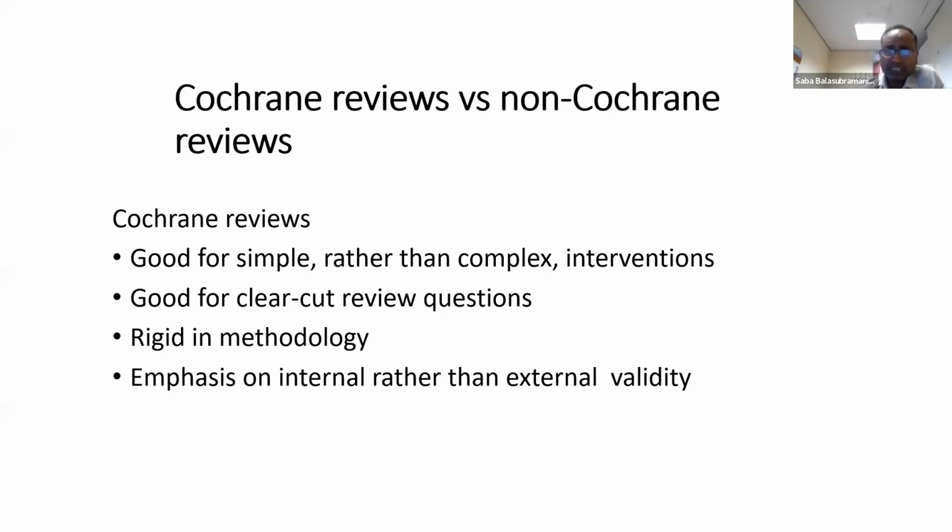They've got a very rigid methodology. That is also one of the downsides, so you can't really use it for complicated questions. And the Cochrane reviews have a lot of emphasis on what we refer to as internal validity, where they're looking at the quality of the studies, not necessarily whether the study results are generalizable, but whether the studies have been done to a really good standard.